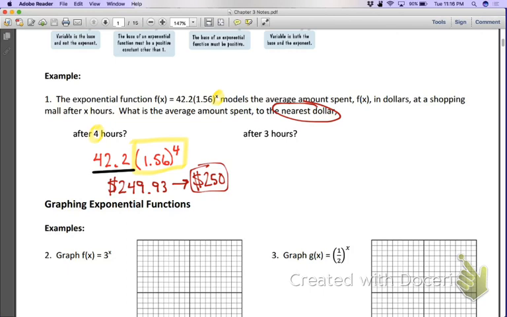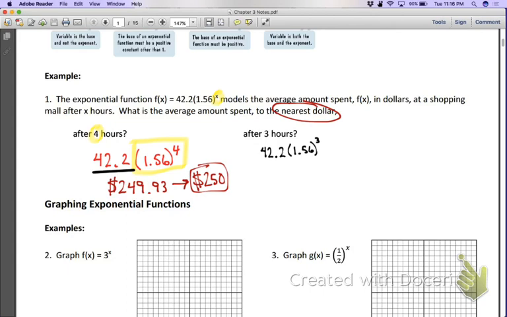Do the same thing. Now it's after 3 hours, so I'm going to take 42.2 times 1.56 to the 3rd power. It's no different.